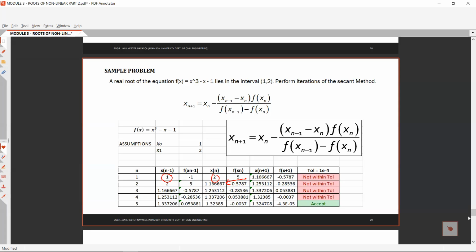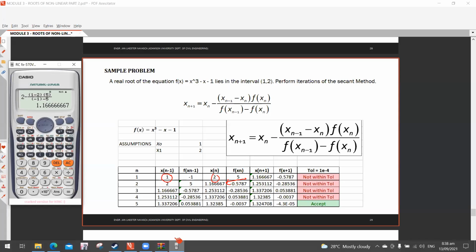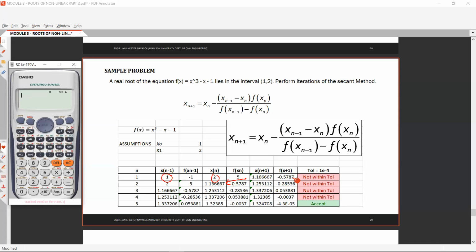This one. Okay. Before going to that pala, you will check kapag within tolerance na ba yung f of x sub n plus 1 natin. Okay. Ito. Within tolerance na ba to? So ang gagawin natin, syempre x cubed, okay, minus x minus 1. Solve for x equals yung 1.16667.